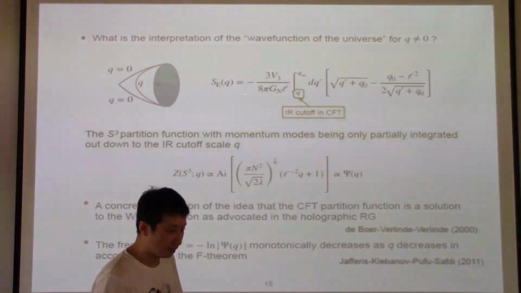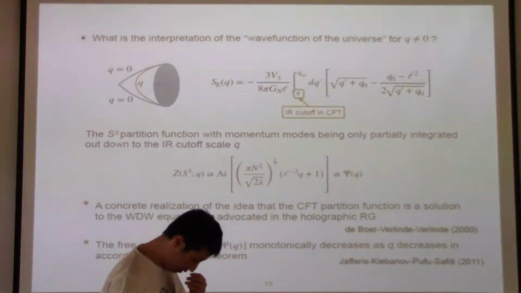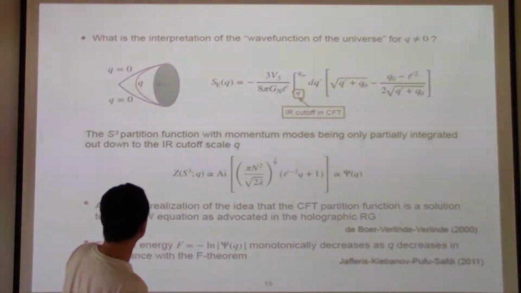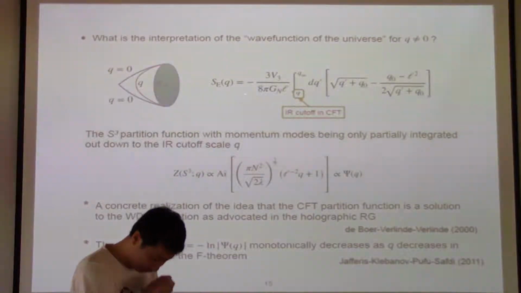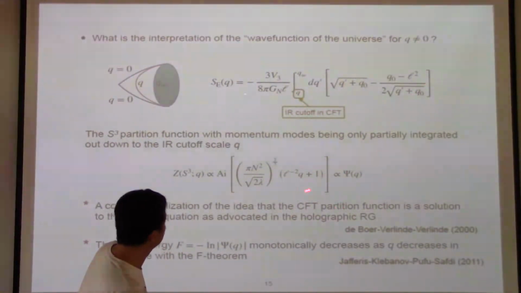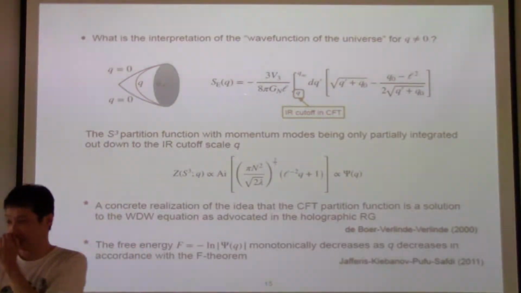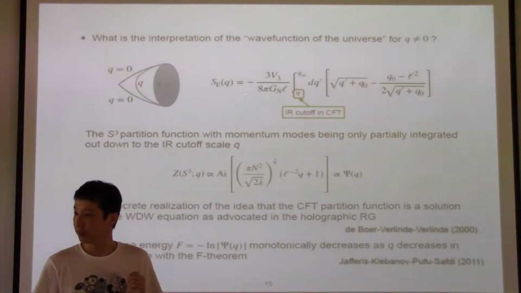So that means it's part of the wave function? The wave function is just a function of Q corresponding to this infinite curve, at some fixed Q. Well, actually Q naught is already integrated over all saddles, so you don't get a dependence on Q naught.